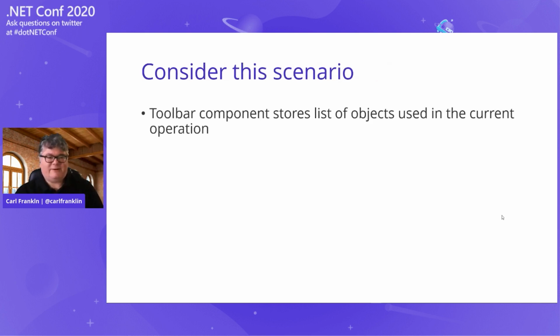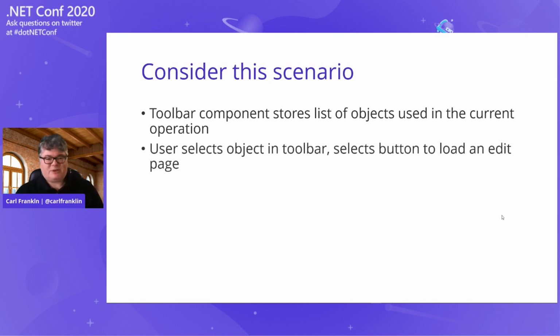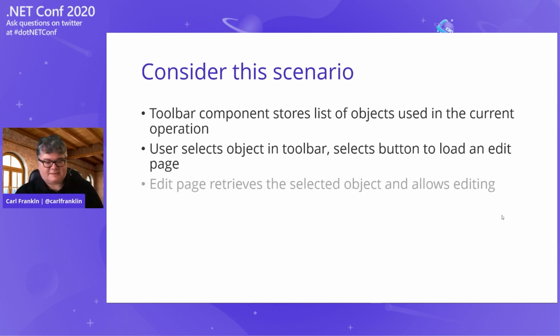So here's the scenario. You have a toolbar component, right? Across the top of your page that stores lists of objects that are used in the current page, whatever that page is. Right? So the user maybe selects an object in the toolbar with a drop-down perhaps, and then selects a button to load an edit page below the toolbar, which then the user edits.